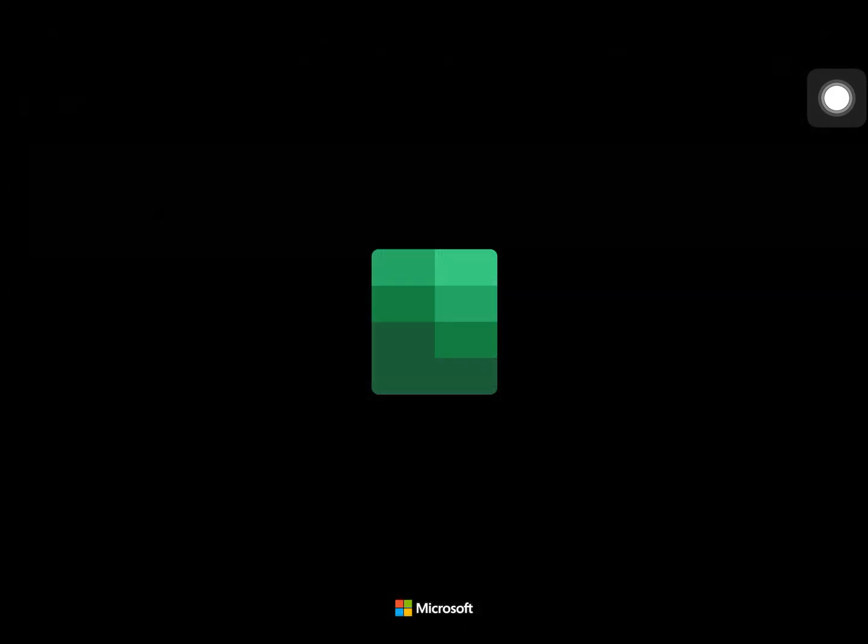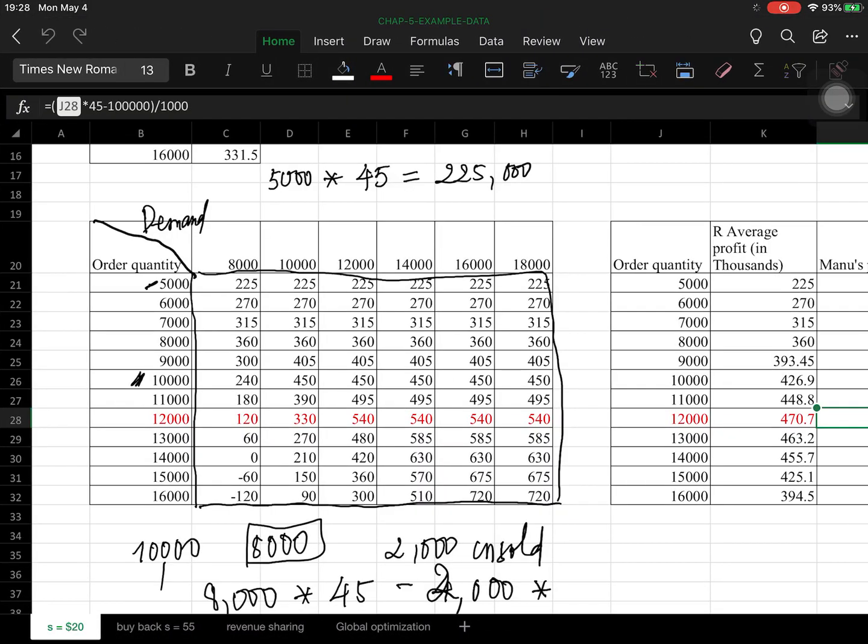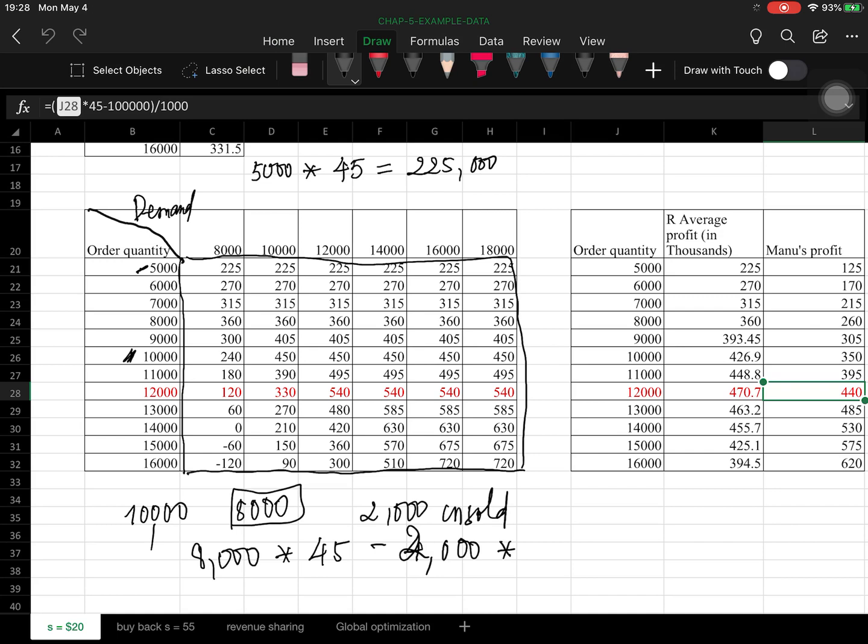The loss is 60, right? So we will have 240,000.